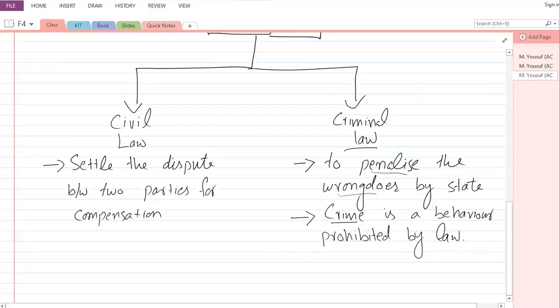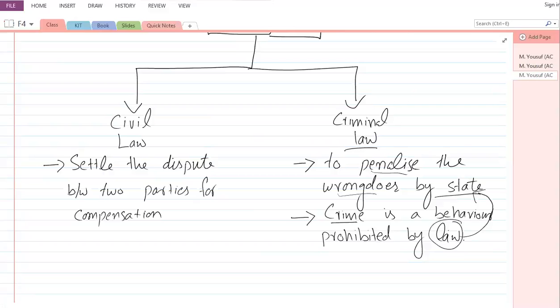The wrongdoer who was engaged in this sort of criminal activity will be penalized by the state, because law is made by the state, and by committing that type of crime, he has violated the rule of state. So the state itself will penalize the wrongdoer. This is the purpose of criminal law.